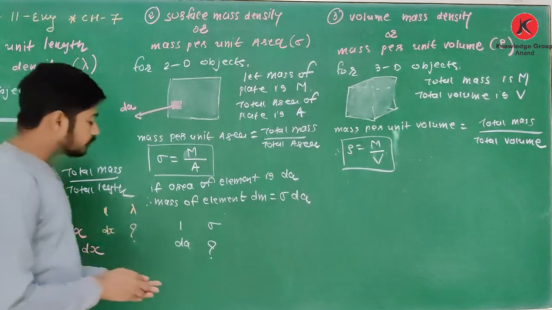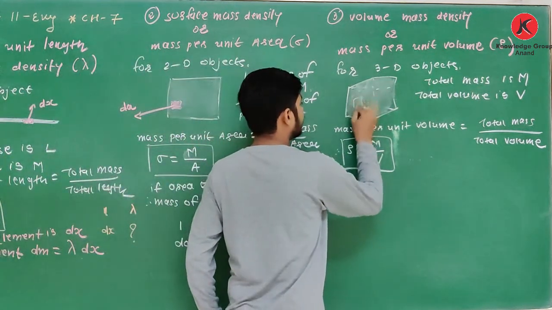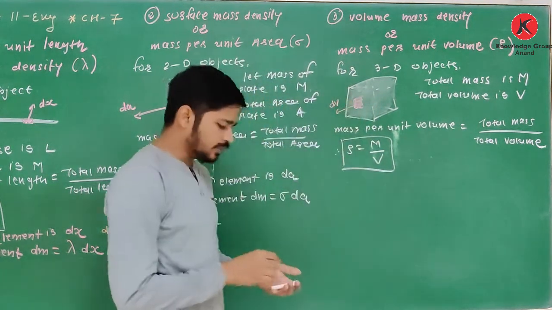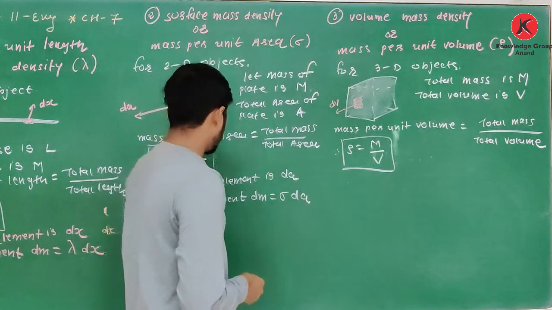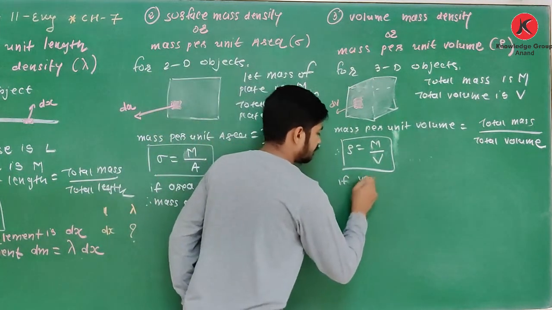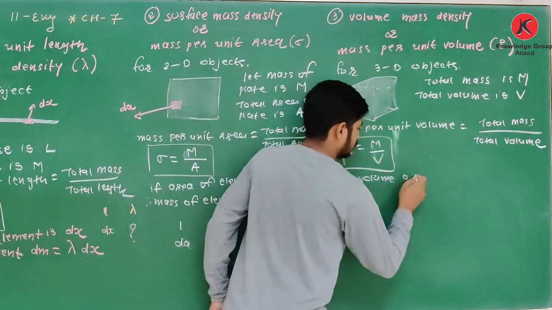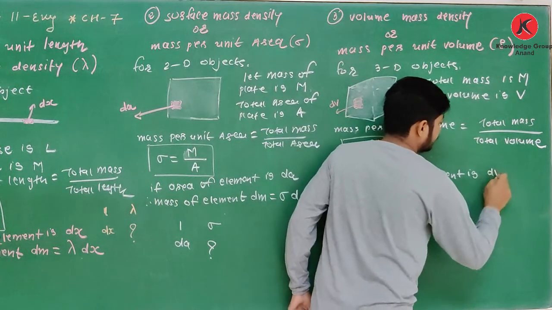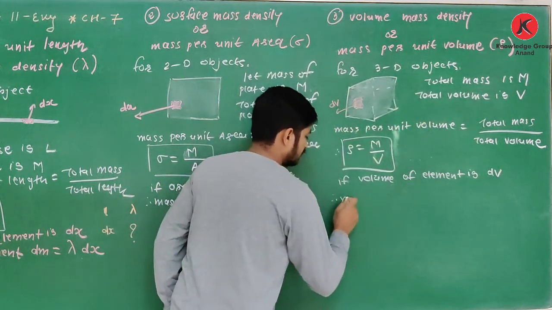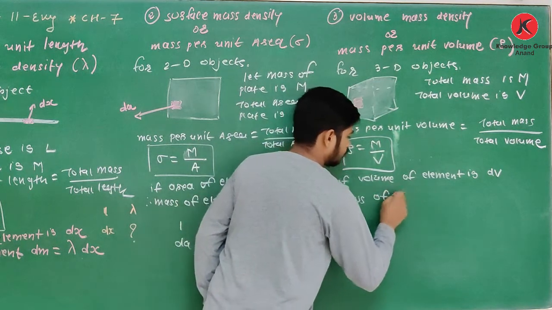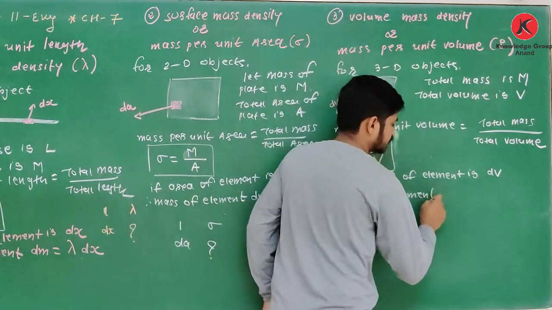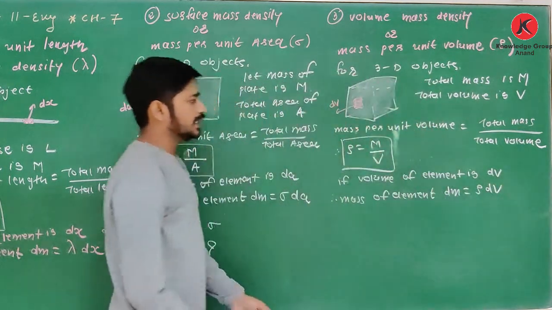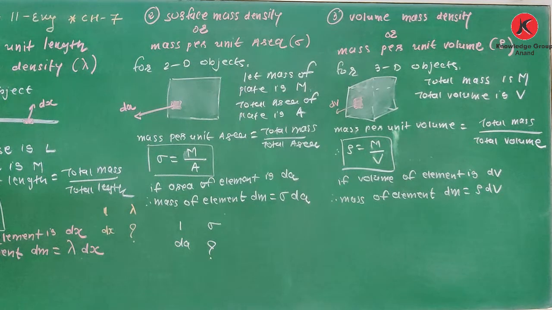And you also know its use. If I have one element like this having volume dV, then the mass of the element dm is equal to rho dV.